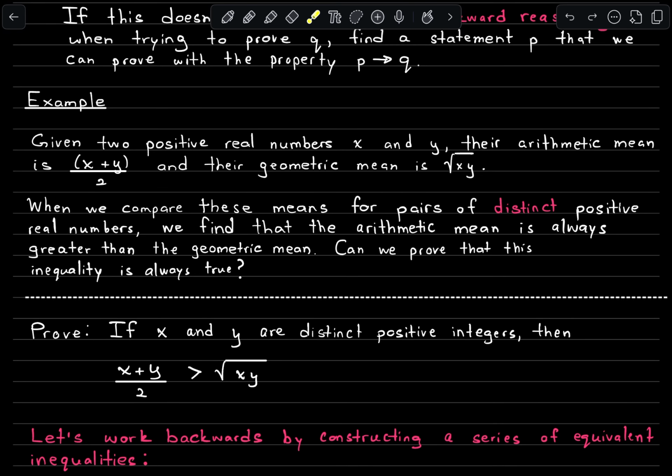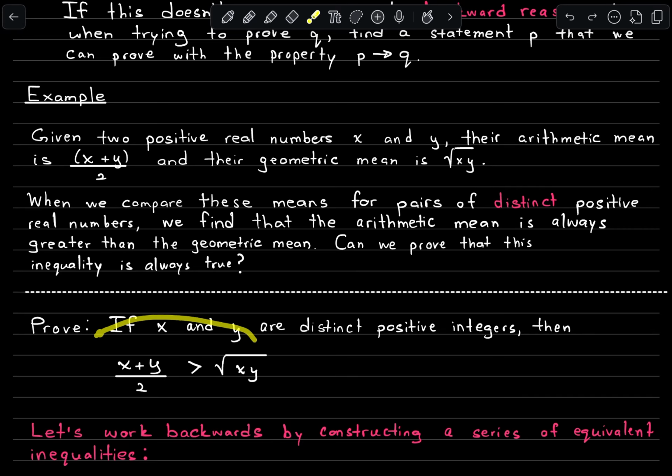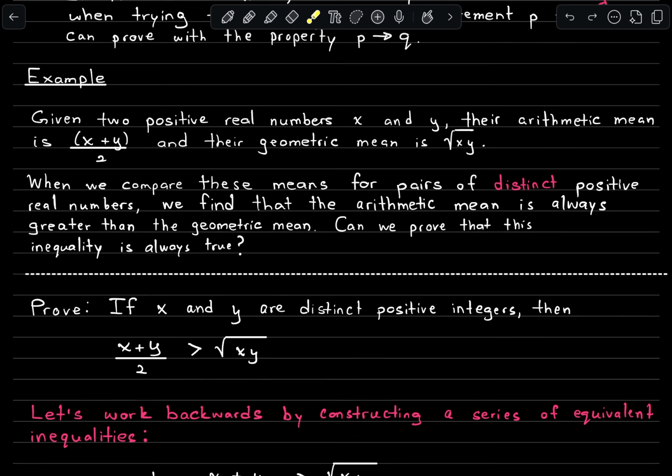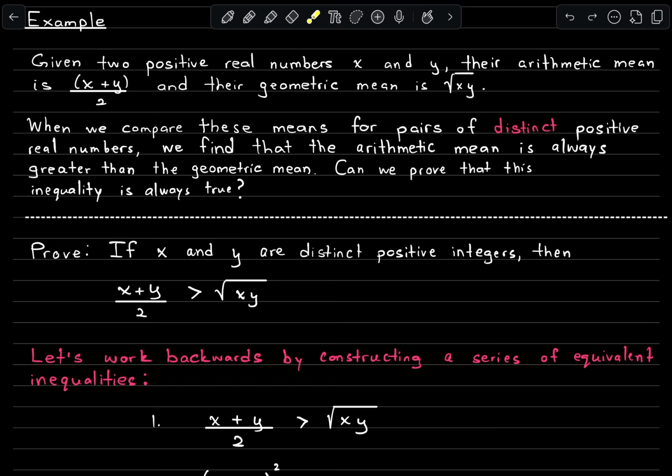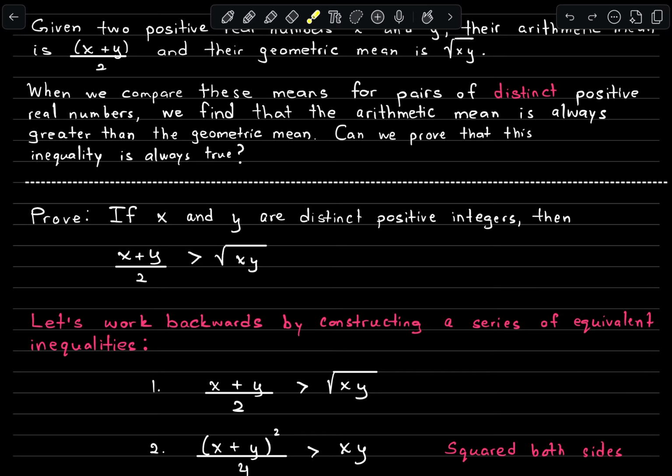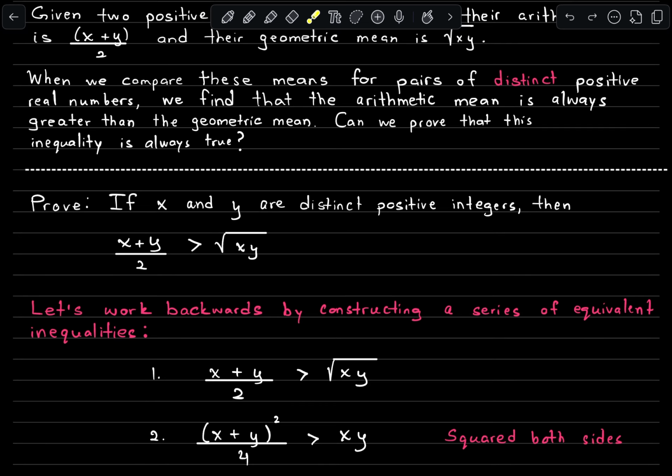Let's work backwards by constructing a series of equivalent inequalities. Let's start with the thing that we're trying to prove here: x plus y over 2 is greater than the square root of x times y. We can square both sides, to get x and y out of the radical on the right side.